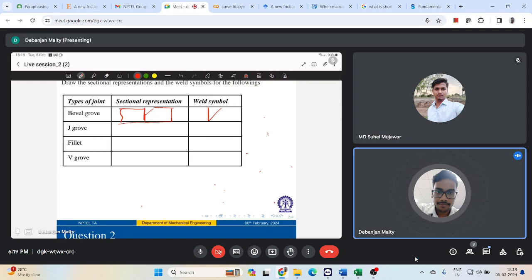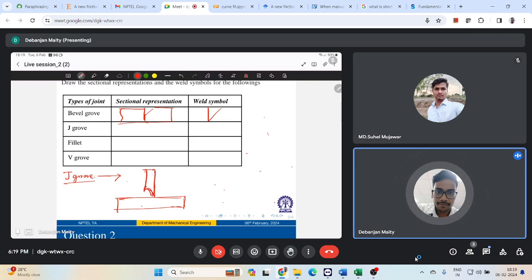Now for J groove joint, how will it look? So let us say J groove. I will have some edge preparation like a J shape over here, and another will be a simple rectangular joint, right? This will be a J groove joint.